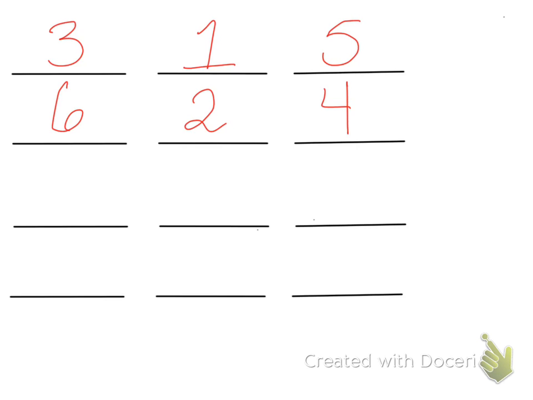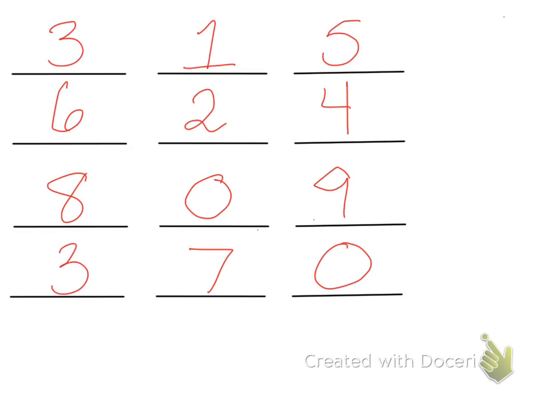I have an 8 in the hundreds place, a 0 in the tens place, and a 9 in the ones place. So my number is 809. For this last one, I have 7 in the tens place, 0 in the ones place, and 3 in the hundreds place. So this number is 370.